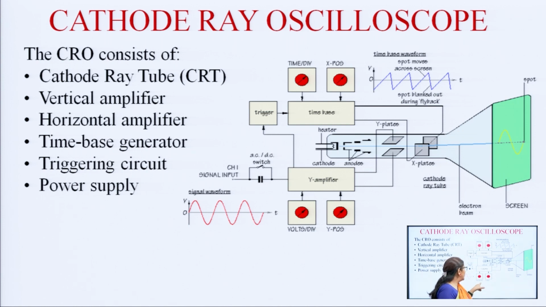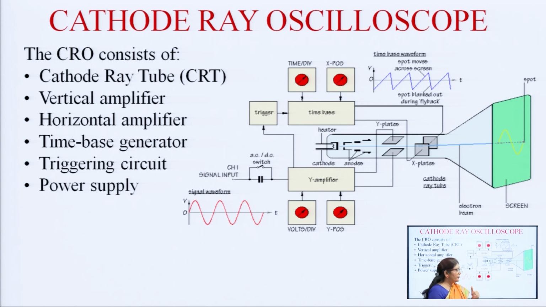And this is the knob which selects the volts per division. By selecting this knob we can change the volts per division. If the amplitude of the signal is very high, then we keep the volts per division at a high value so that the waveform can be displayed on the screen. Then the output of the Y amplifier is fed to the Y plate.